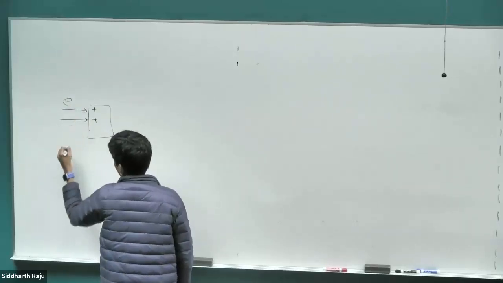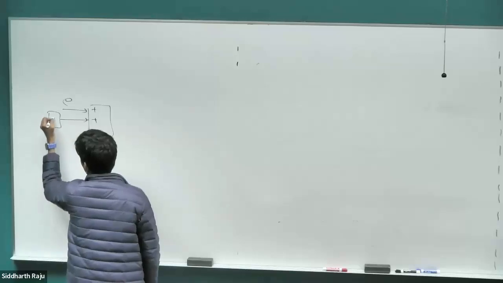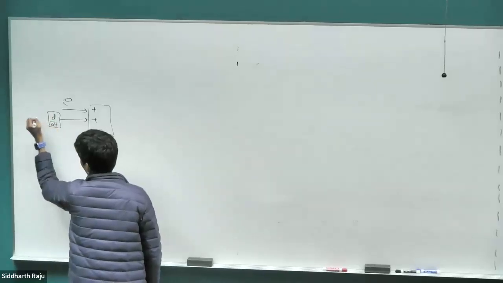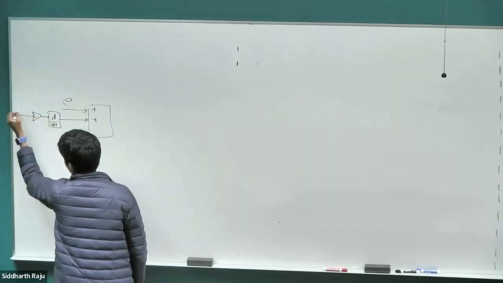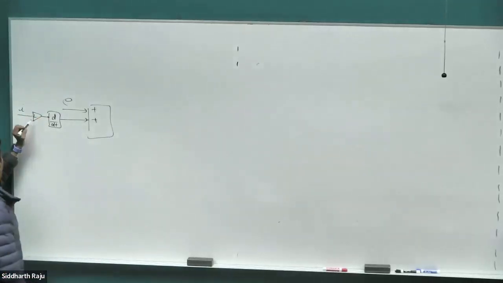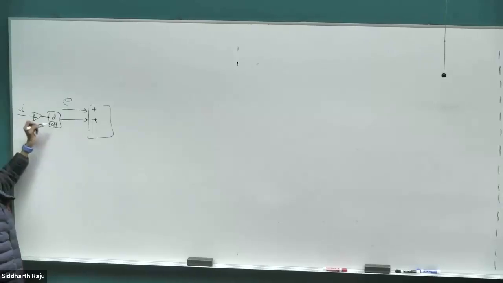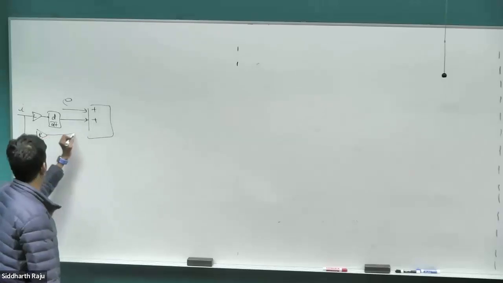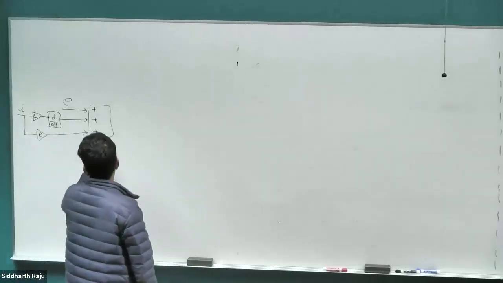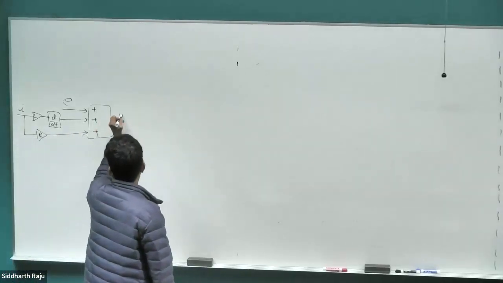We have our L di by dt, so some d by dt block, and then multiply by some L gain block, and the input of this is current. So we have L times I, the whole differential, L di by dt, and then take the same current, multiply by the resistance, add them up, and this is going to be voltage.